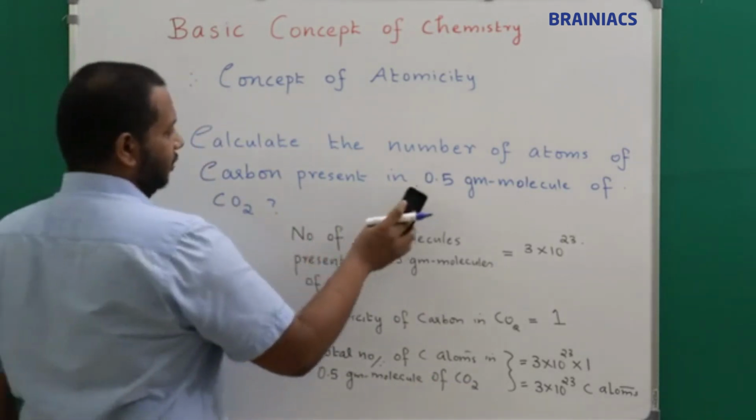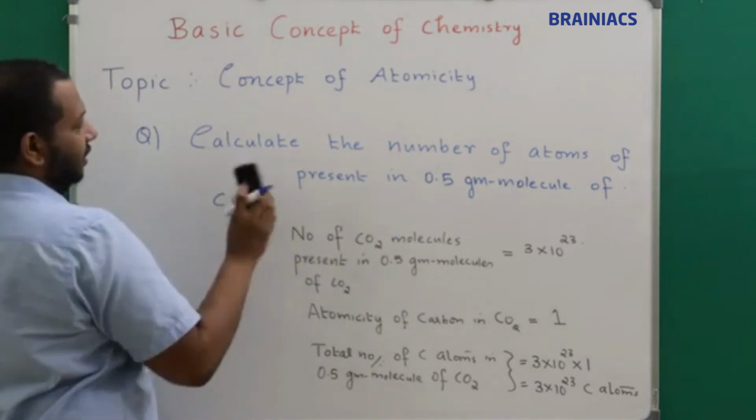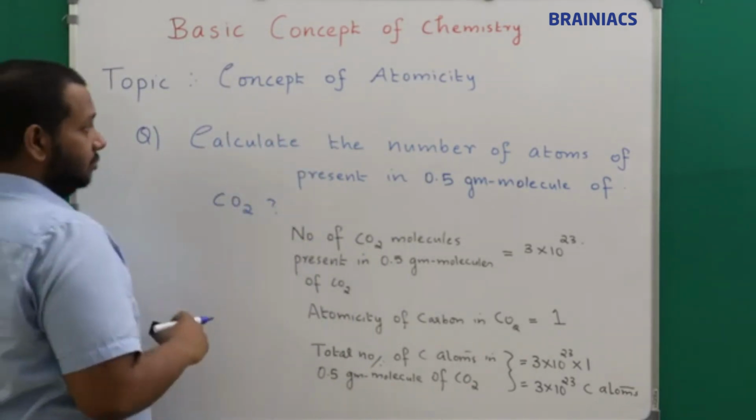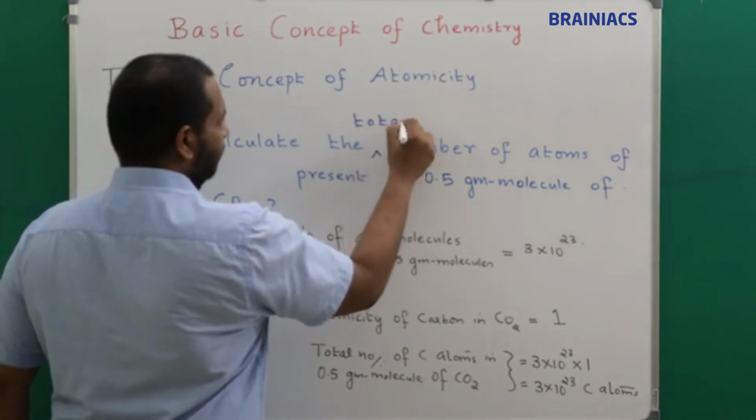So I am rearranging the question again. Here I am changing the question in such a way that calculate the total number of atoms. Okay, we didn't do it like this, right?